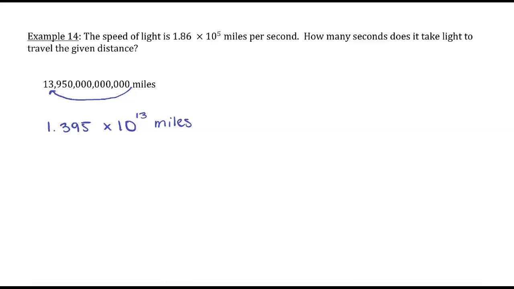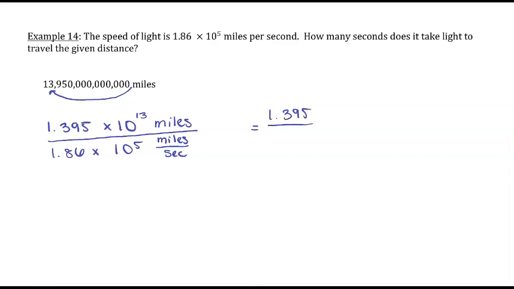We'll take this number of miles and divide it by the speed, 1.86 times 10 to the 5th miles per second. And now let's divide like our previous example. We have 1.395 divided by 1.86. We can rewrite this as 1.395 divided by 1.86 times 10 to the 13th divided by 10 to the 5th.